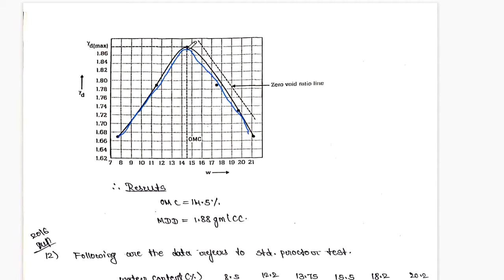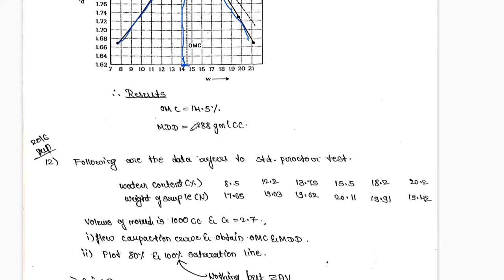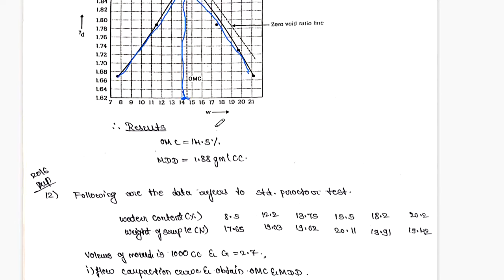At the highest point I draw a vertical line and a horizontal line. Where the horizontal line touches is the maximum dry density, and where the vertical line touches is the optimum moisture content. So 14.5% is the optimum moisture content and the maximum dry density is 1.88.